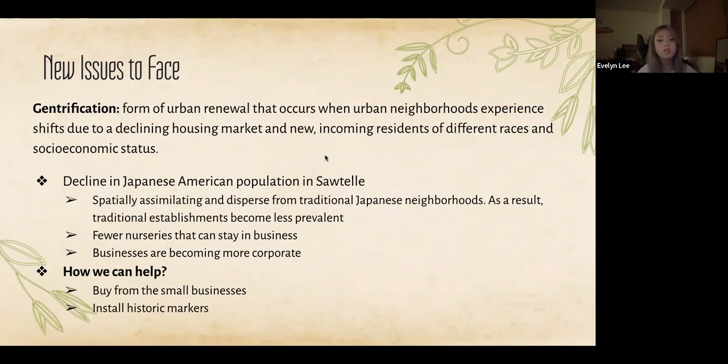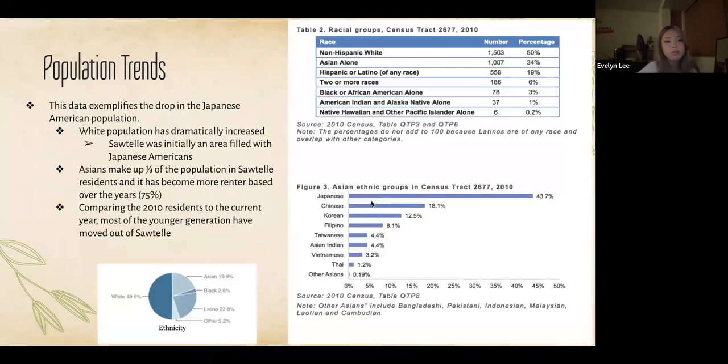So as a result, the traditional establishments become less prevalent and there are fewer nurseries that can stay in business. And these businesses are becoming more corporate. So if we look at how we can help this, it would just be really buying from small businesses as well as installing historic markers.